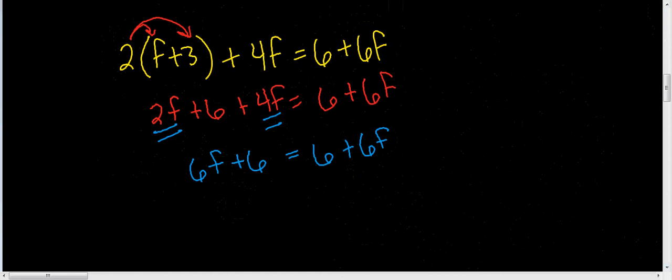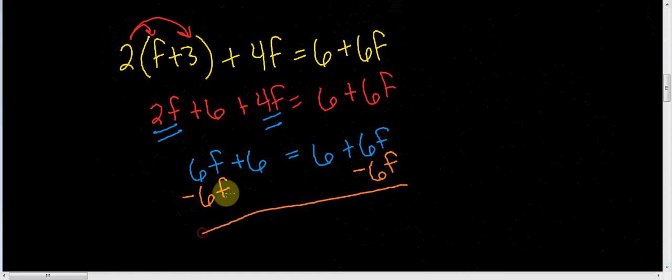But let's take it one step further and make sure that that's actually the case. So let's get our variables all on the same side, which is always the third step. In this case, I have to subtract 6f, and I get 6 is equal to 6. And since that is a true statement, indeed our answer is all real numbers.